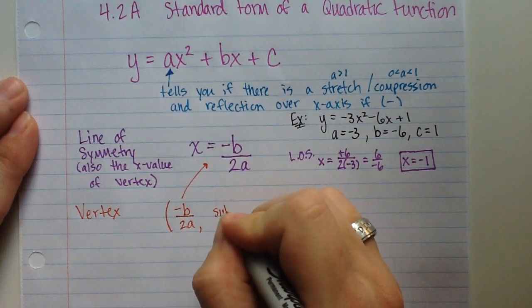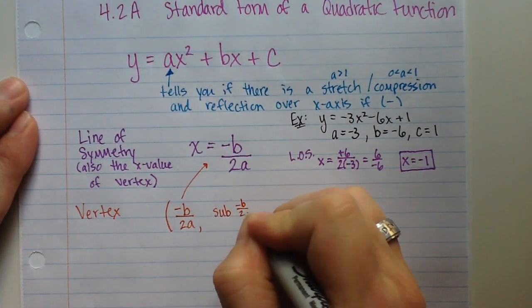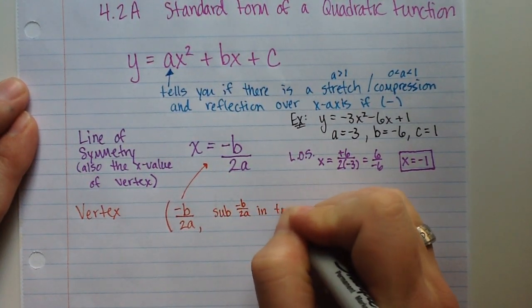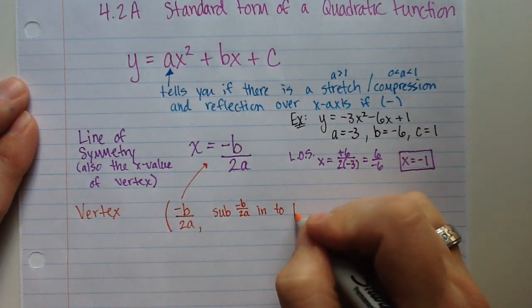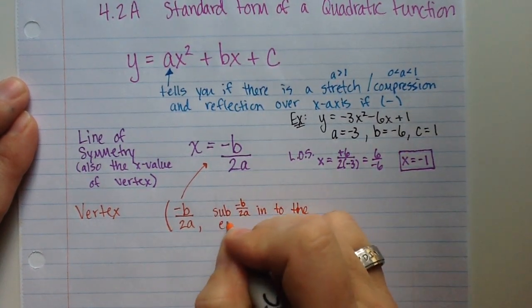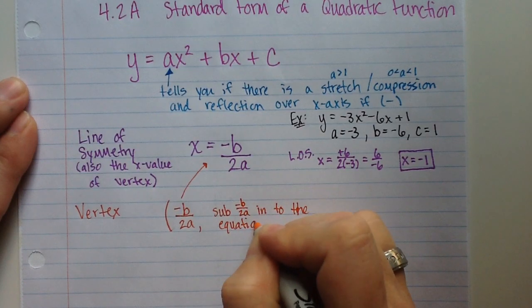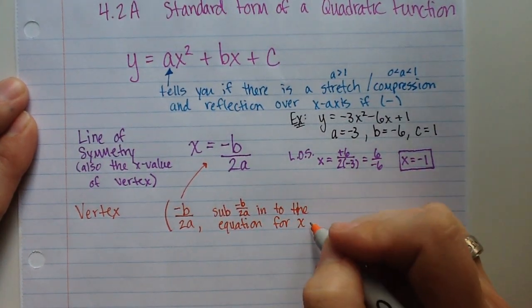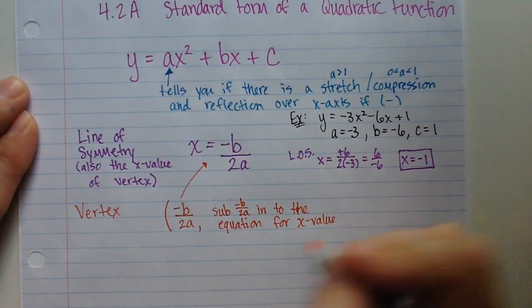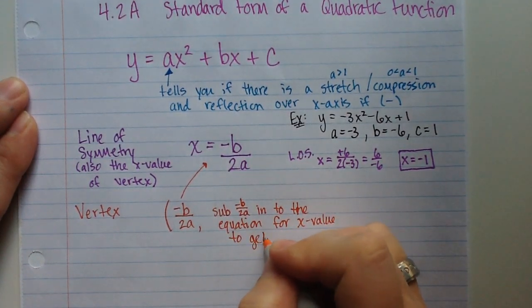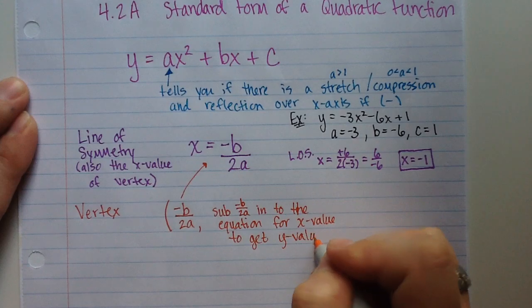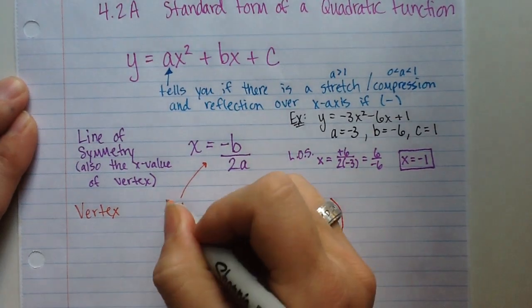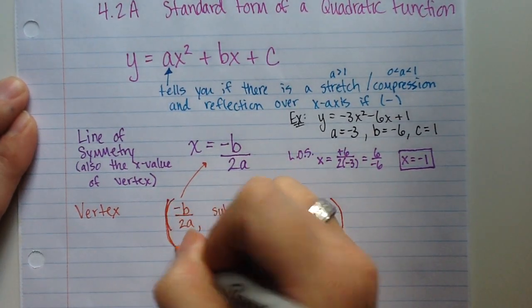So we will sub opposite b over 2a into the equation for the x value to get the y value. I should have made that parenthesis a little bit bigger.